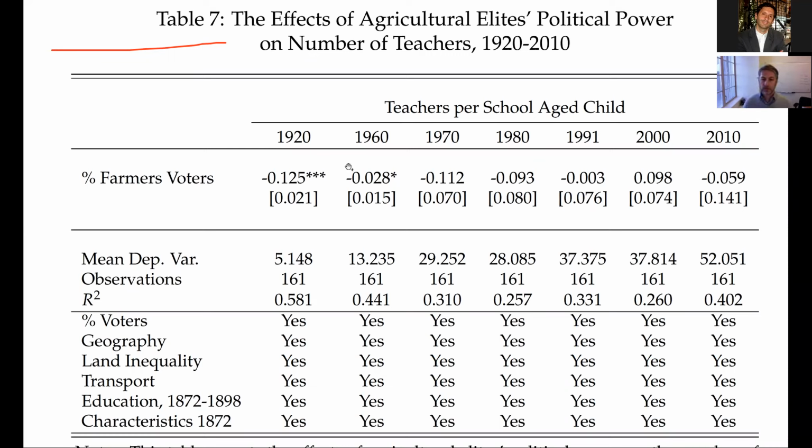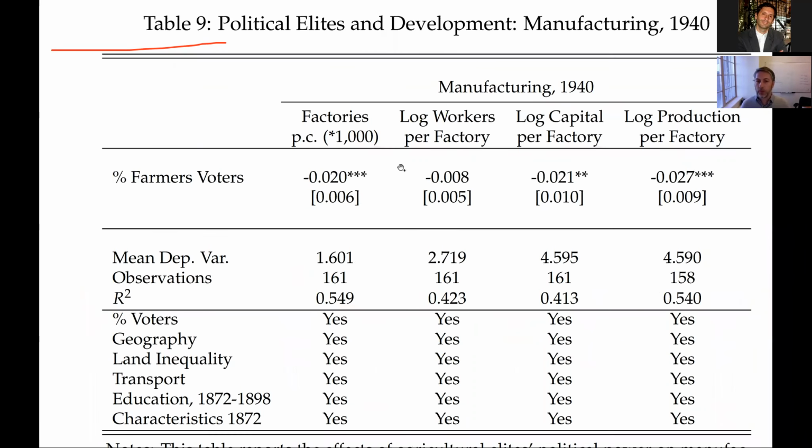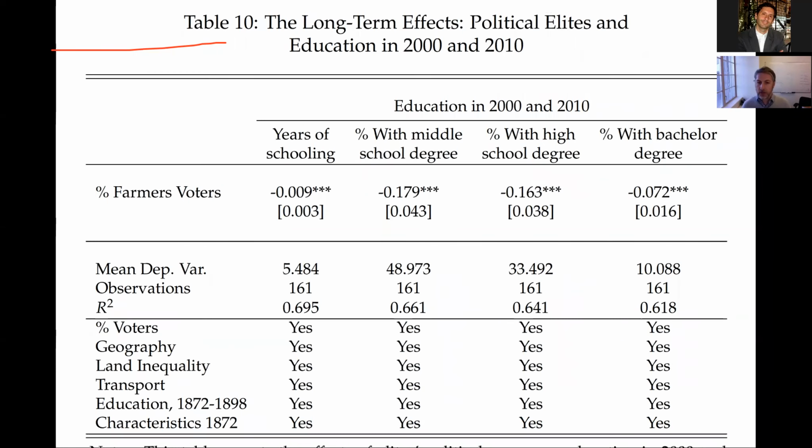Go ahead. Okay, so the other things that we try to see is inputs in terms of education. We show that for 1920, 1960, the effect disappears around 1970, 80. But you see that in those places, there are fewer teachers per school, fewer schools per young age.